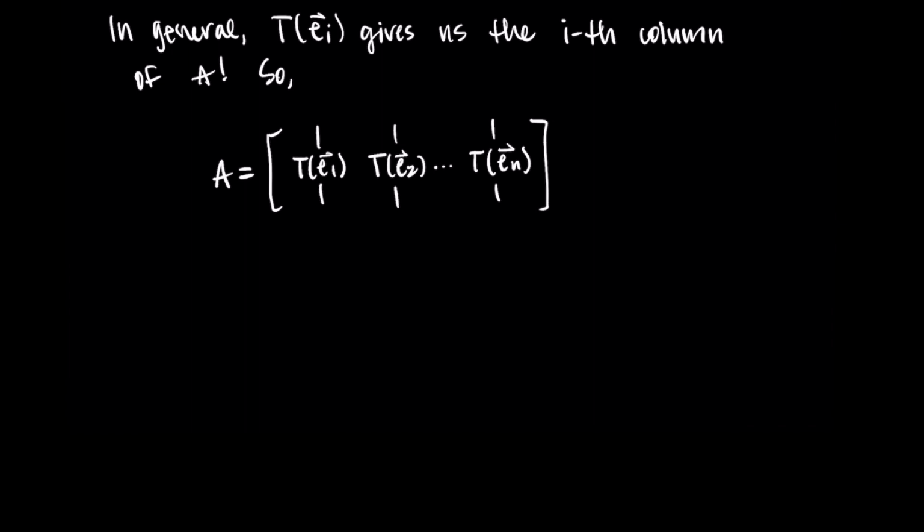This becomes useful if we only have a limited amount of information about what the transformation does. Depending on what information we're starting with, it's nice to be able to input something into the transformation and get an output that tells us what we want, which might be one of the columns of A that we're trying to find.